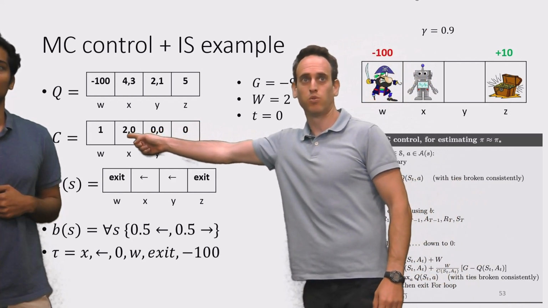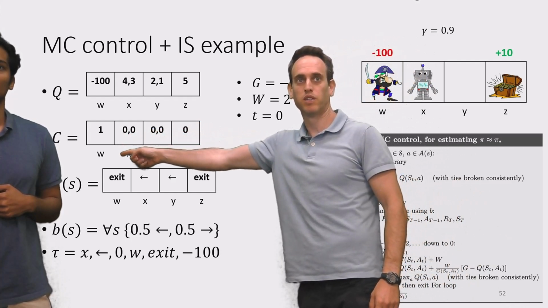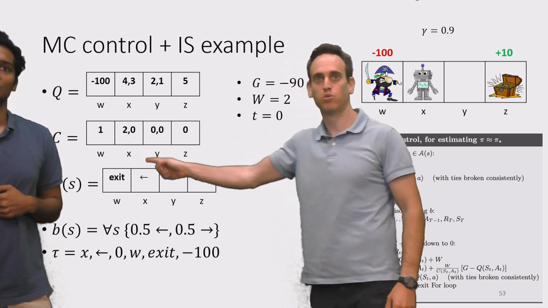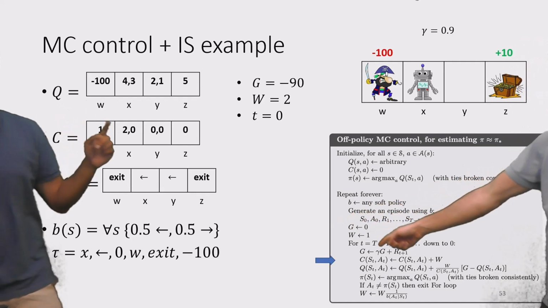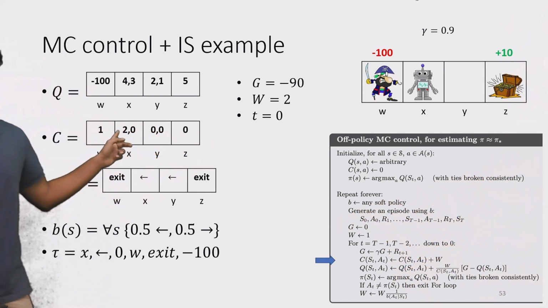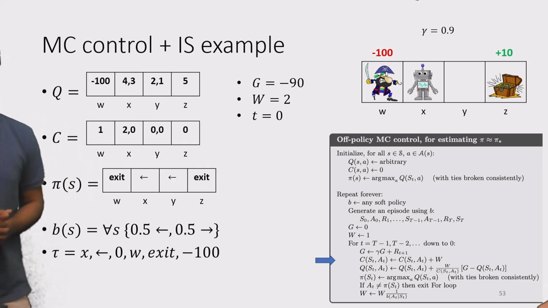It was 0 before for being at state X and going left. We made it 1 here, but this one was still 0, and now we added W, which is 2. So now it's 2. And then the Q values are updated using these, which we get as minus 90.